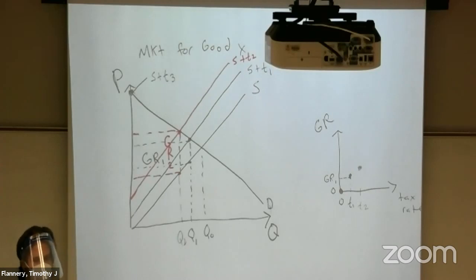So if you're wondering, well, that's ridiculous, why would the government do that? I don't disagree, but the purpose of this is just so you understand the relationship between tax rates and tax revenue. If the government said you're going to pay $1,000 for every pack of cigarettes you purchase, how many people do you think are going to legally purchase cigarettes?